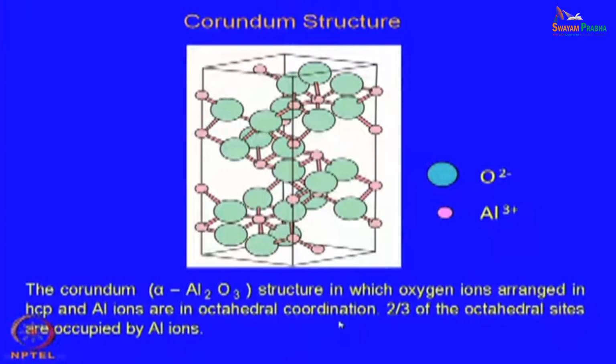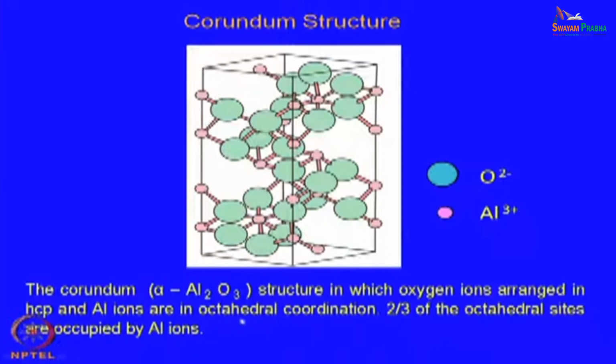Same is the case with the HCP structure, because both of them are close packed structures. They are identical structures, except as we discussed earlier that there is a change in stacking. One is ABC stacking, another one is AB stacking, but otherwise they are identical.